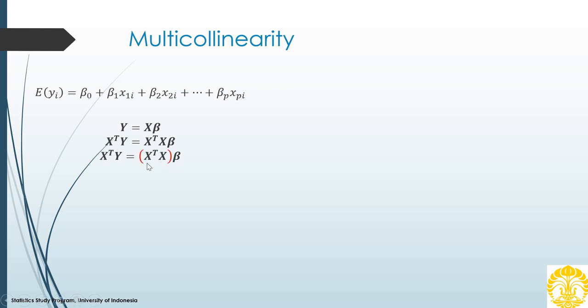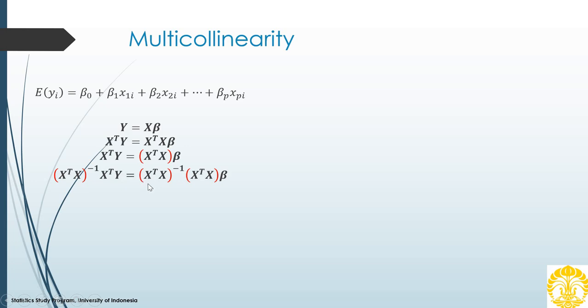Now we think of x transpose x as one quantity itself, because what we want here is the beta. To get beta, we need to eliminate the x transpose x, and we do that by multiplying by its inverse from the left, and also doing the same thing for the left-hand side.